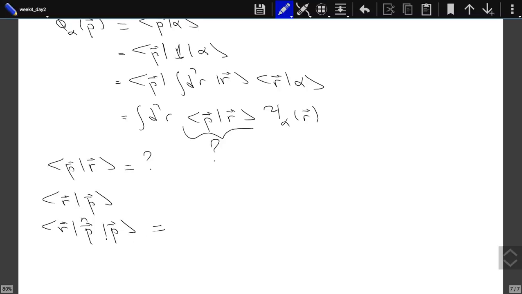On one hand, I know that this P ket is an eigenket of the P operator. So this is equal to R, P multiplying the P ket. That P over there is just an ordinary vector, a momentum vector, so I can just take it out.